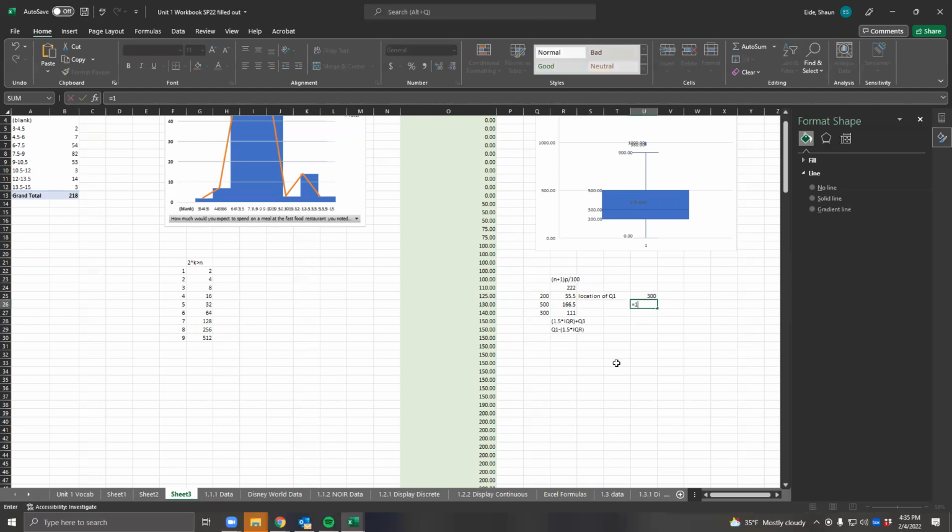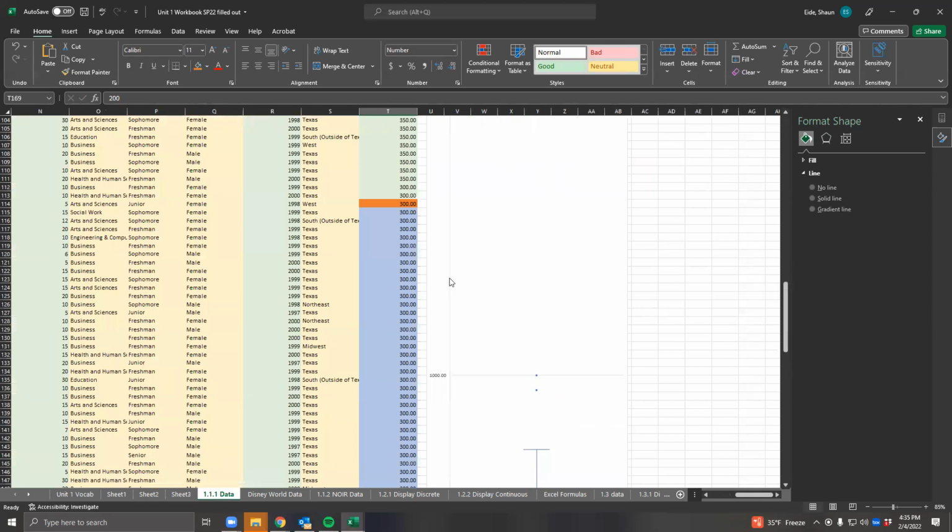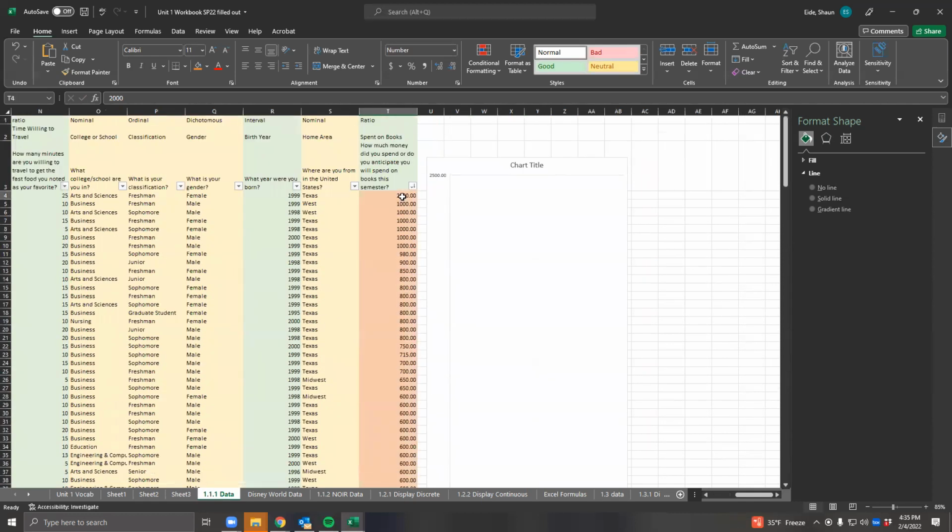And then we're going to do 1.5 multiplied by 300, which is 450. And so we're going to add this to that 500. So anything above 950 is going to be an outlier. Anything above 950 is going to be an outlier. So all of these right here are outliers.